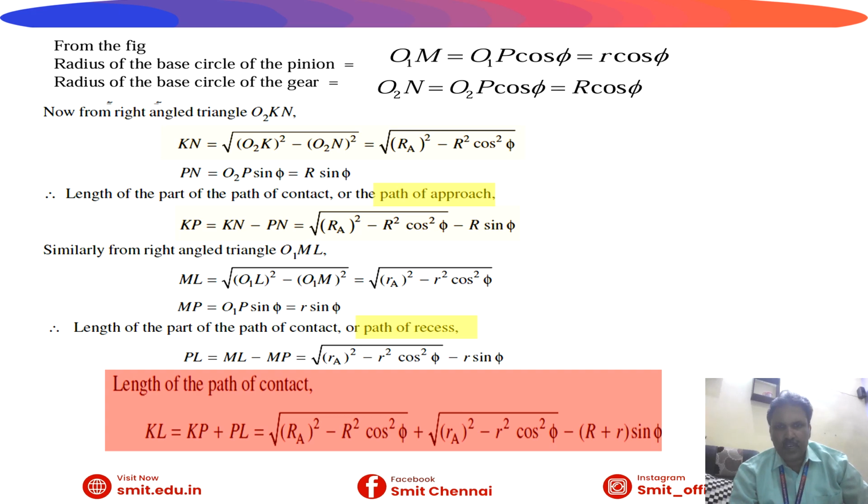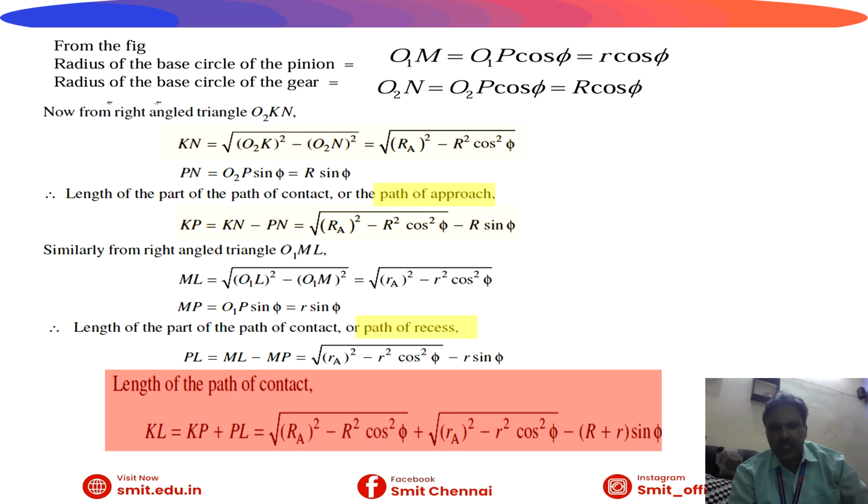The path of approach we already got as root of RA square minus R square cos square phi minus r sin phi, and the path of recess PL equal to ML minus MP, root of ra square minus r square cos square phi minus r sin phi.